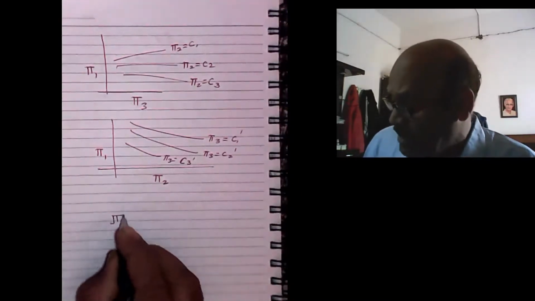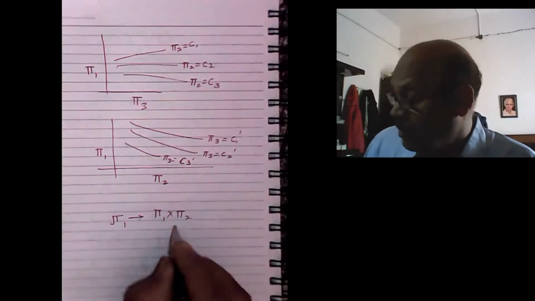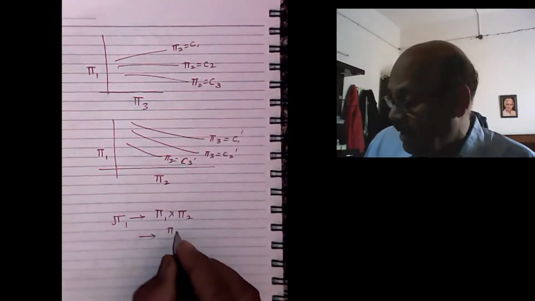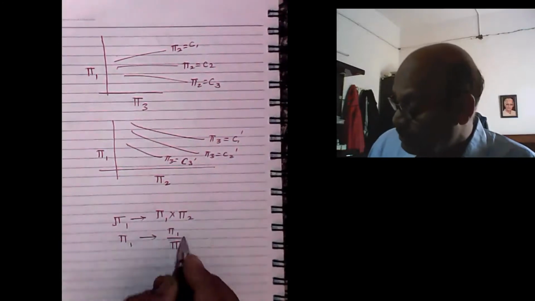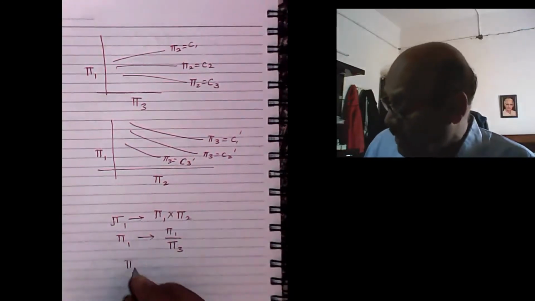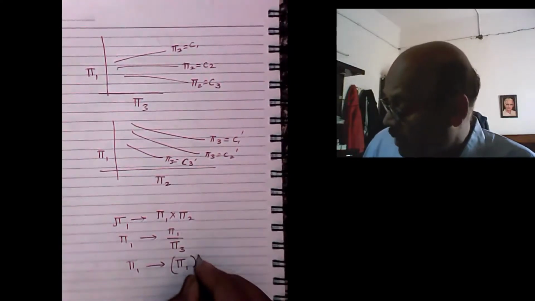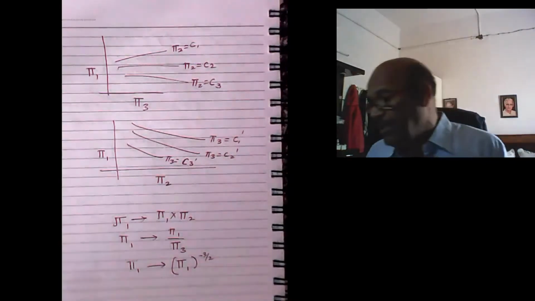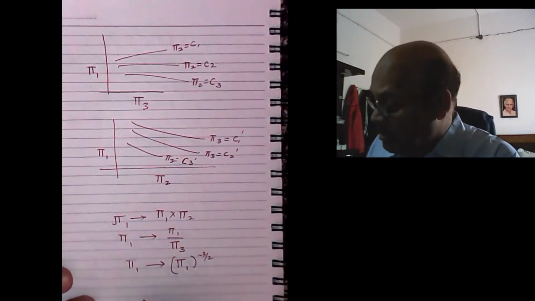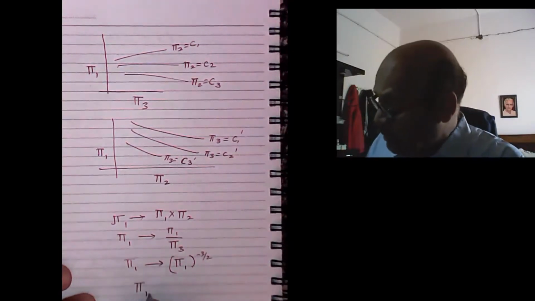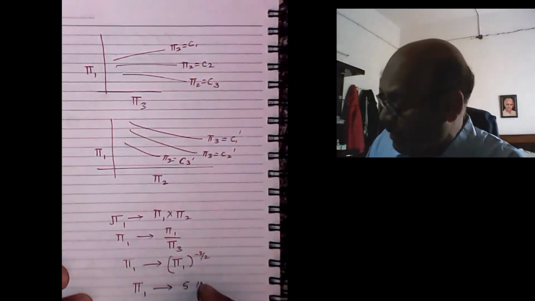Pi 1 could be replaced by pi 1 into pi 2, or pi 1 by pi 3, but this should have pi 1, or pi 1 could be raised to some power, okay, say minus 3 by 2, any fraction or minus etc. it could be raised, okay, or pi 1 could be multiplied by some arbitrary constant, let's say 5 pi 1.